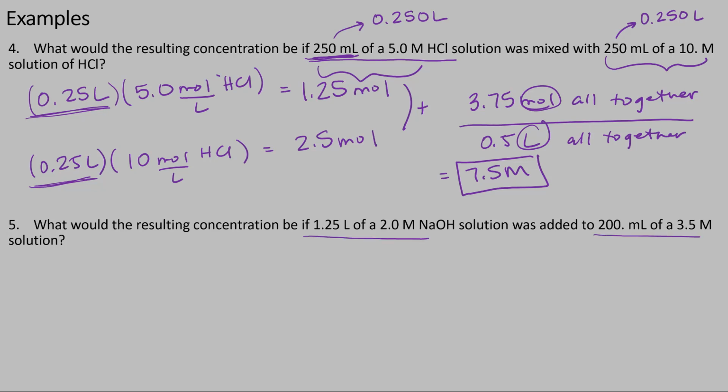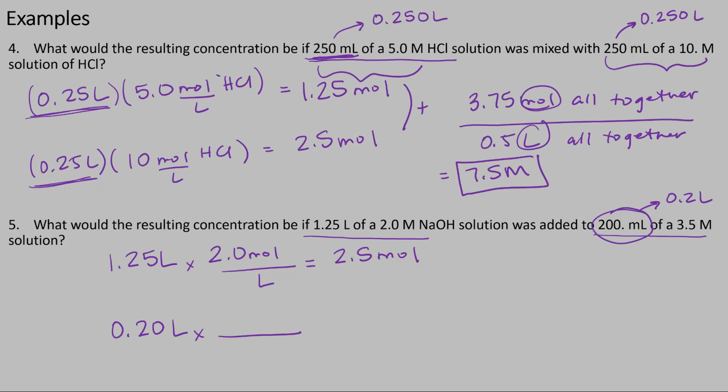All right, what would the resulting concentration be if 1.25 liters of a 2 molar NaOH solution was added to 200 milliliters of a 3.5 molar solution? So this one, I'm also going to find the number of moles in each one. So in my first solution, I'm going to have 2.5 moles. And then in my second one, the 200 milliliters has to be turned into liters. And so that's 0.7 moles.